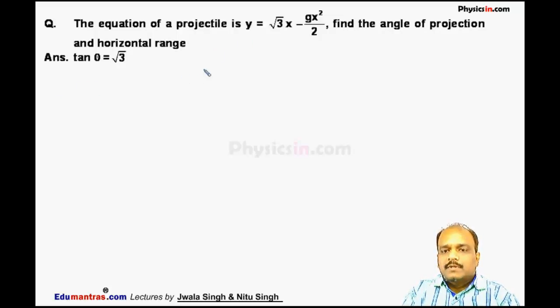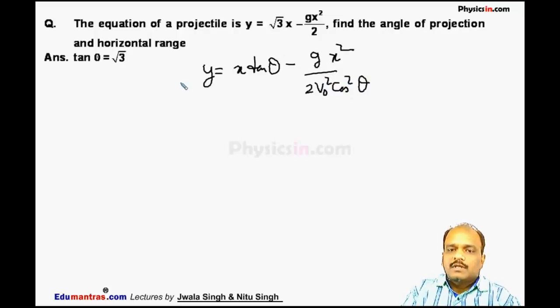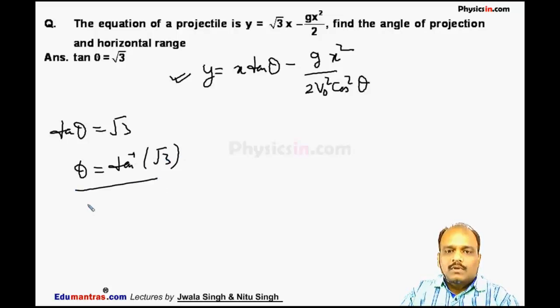If we compare this expression with y is equal to x tan theta minus g x square by 2 v naught square cos square theta, comparing the equation of the trajectory of the projectile, we get tan theta is equal to root 3. So theta is equal to tan inverse of root 3. So this is the angle of projection, or theta is equal to 60 degree.